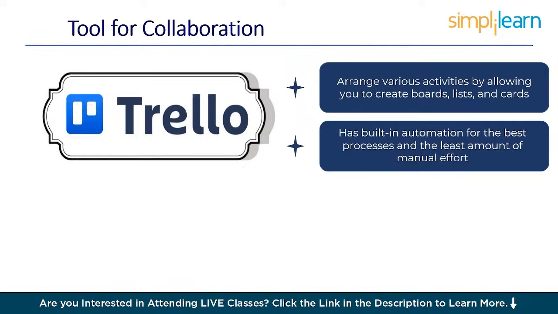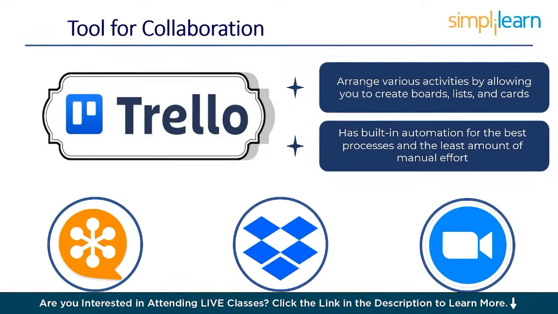Trello has built-in automation for the best processes and the least amount of manual effort, like many other top products today. Trello is an essential component of your product management stack since the job of the product manager involves coordinating a lot of various moving elements. The alternatives for Trello for collaboration are GoToMeeting, Dropbox, and Zoom.